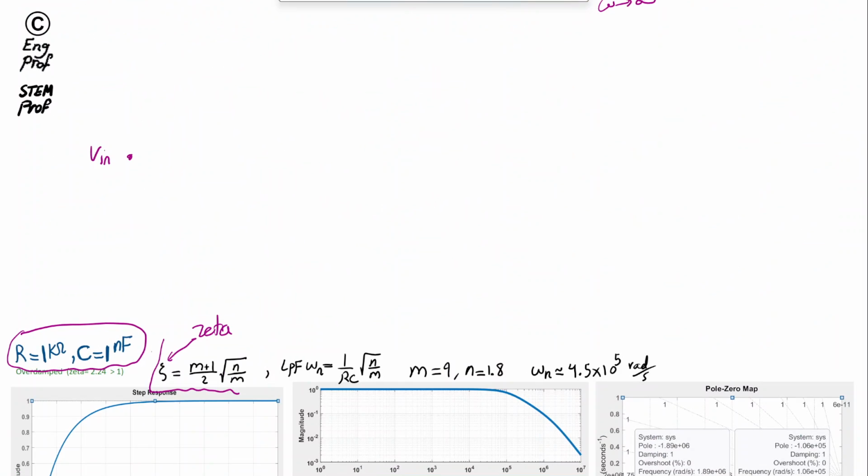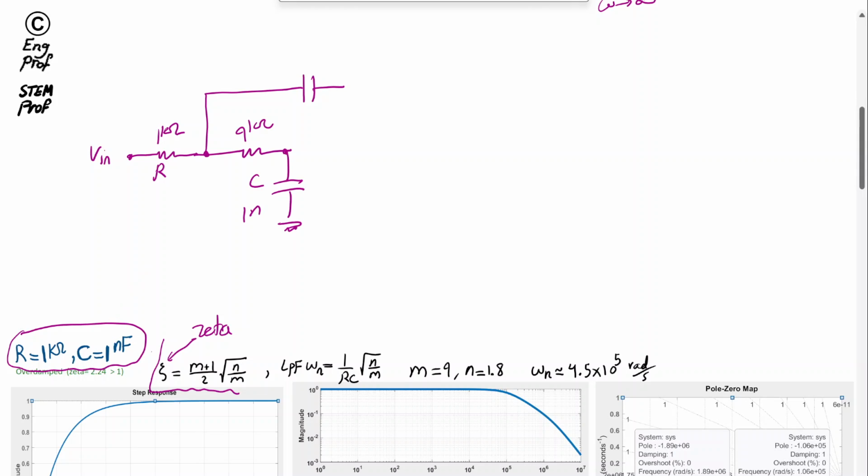So V in, and in this example, I am selecting this one as 1 kilo ohm, and if we go with 9M, this one is 9 times 1 kilo ohm, so it's going to be 9 kilo ohm, and then we have a cap. But this cap is our reference, so this is C, and C is selected to be 1 nanofarad.